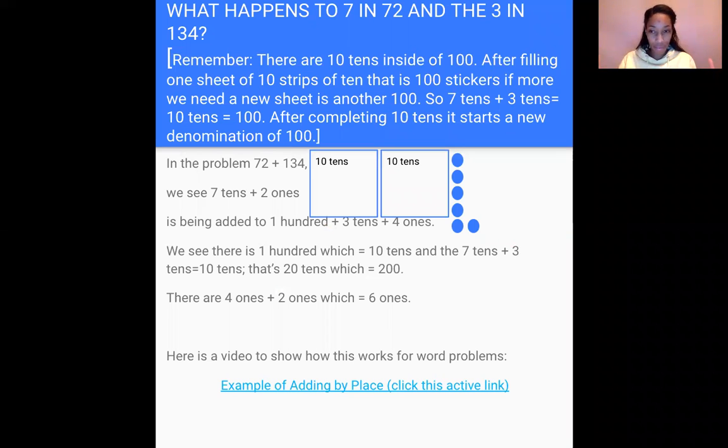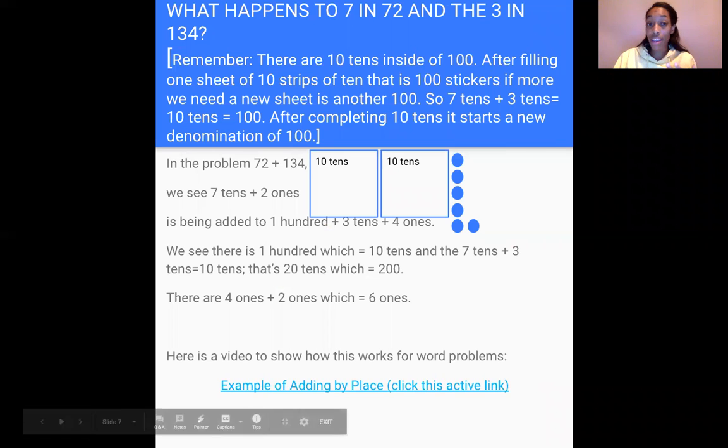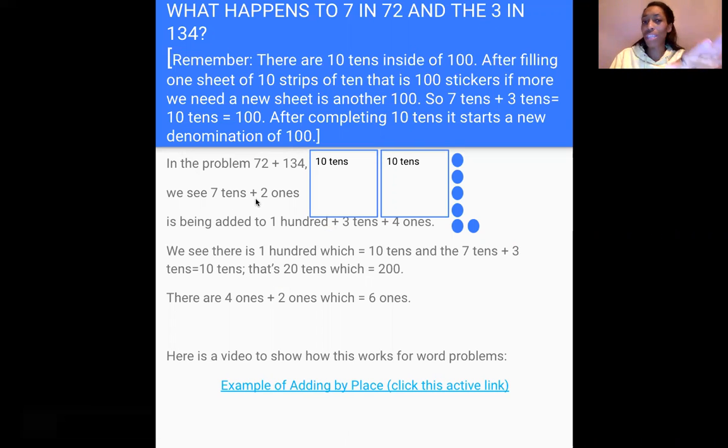What happened? We know that 7 plus 3, right? 7 tens plus 3 tens is 10 tens. We know that 10 tens equals 100. So as we're talking through it, in that problem, seeing that there were 7 tens and 2 ones, right? But right now let's focus on the tens because we got 100 from those.